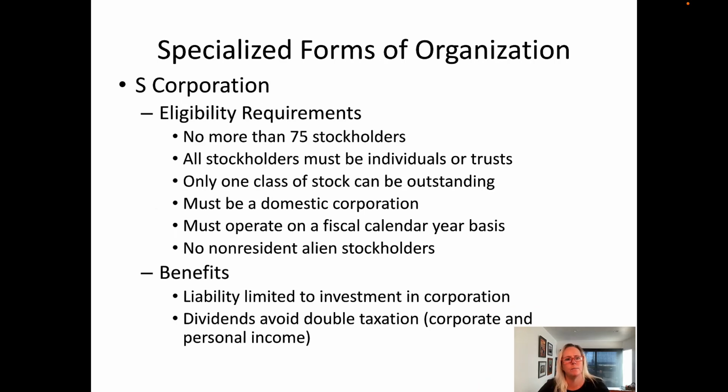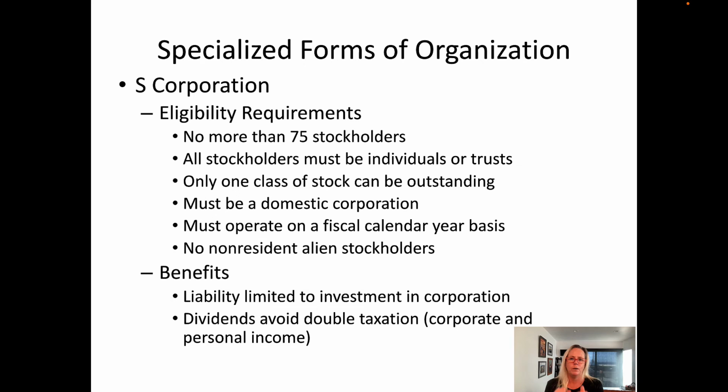Another specialized form of organization is an S Corp. S Corps are C Corps that have petitioned the IRS for special status. And what happens with an S Corp is that you are taxed as a partnership, but you receive the liability protection of a corporation.